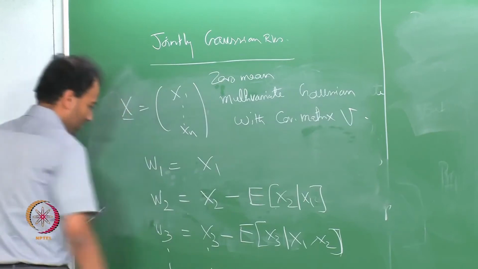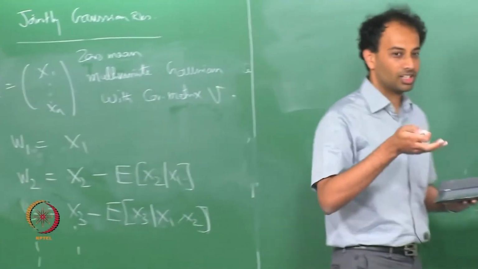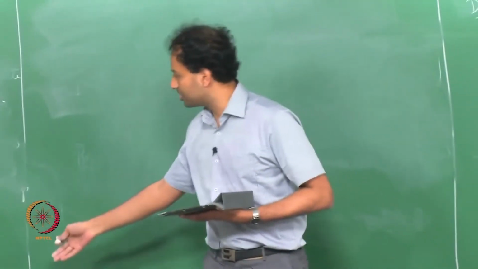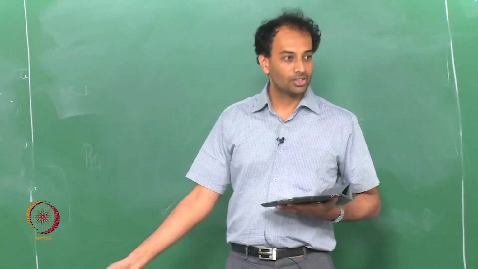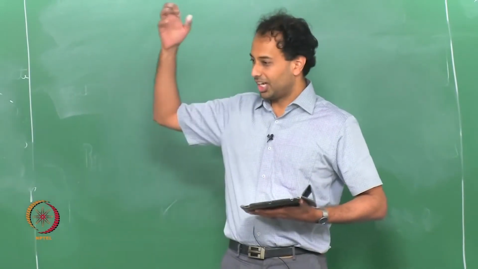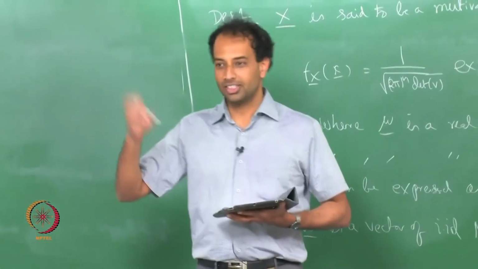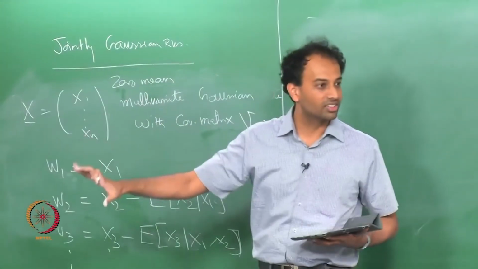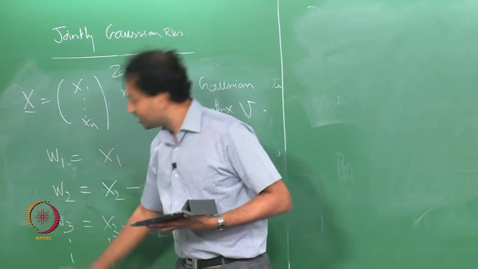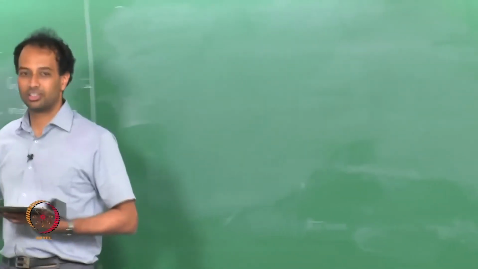So, this is known variously as the Gram-Schmidt procedure. Some people call this the Gram-Schmidt procedure, signal processing people call it whitening. It is called whitening, I guess this is from the noise literature, right. So, you have this colored variable, so to speak, with all these correlations, and then you have these w's which are uncorrelated, and you can make them unit variance if you like.